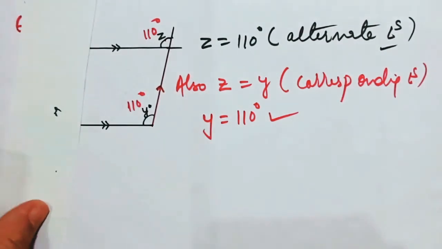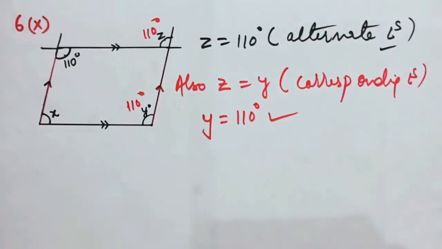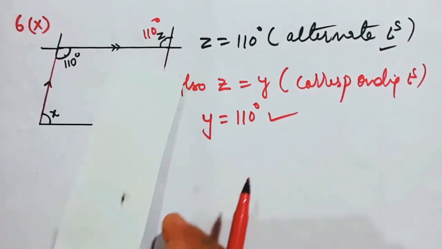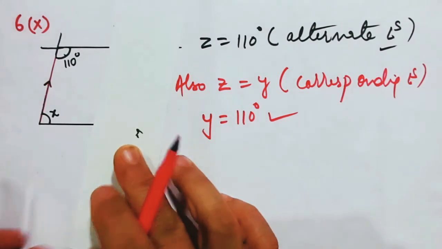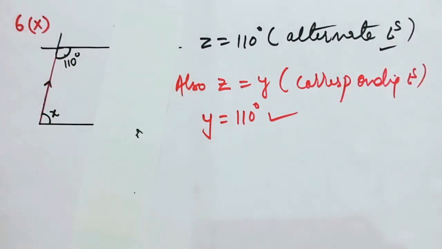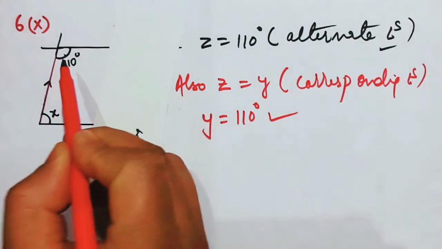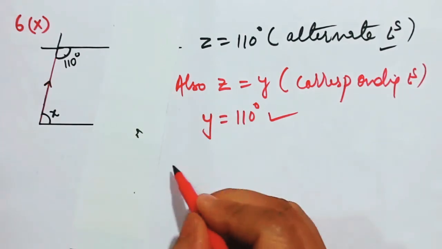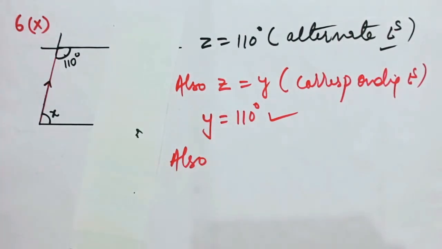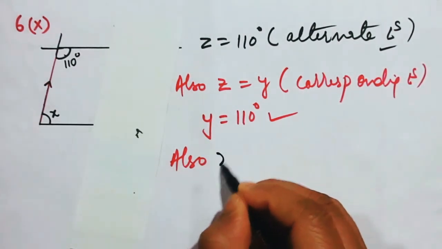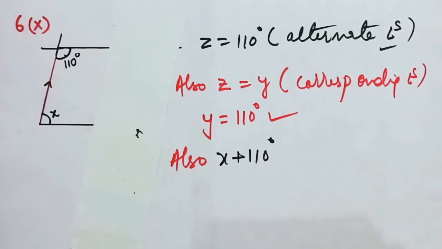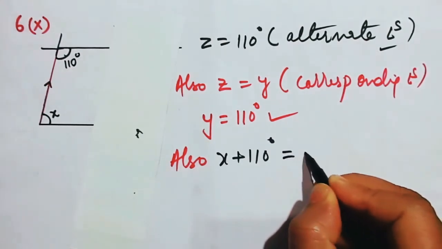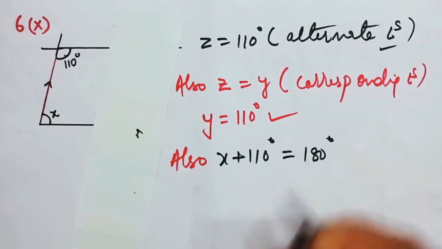Okay, very good. Now what about this X? I find that when these two lines are parallel, what do we observe? That they become the co-interior angles. Also X plus 110 degrees is equal to 180 degrees.